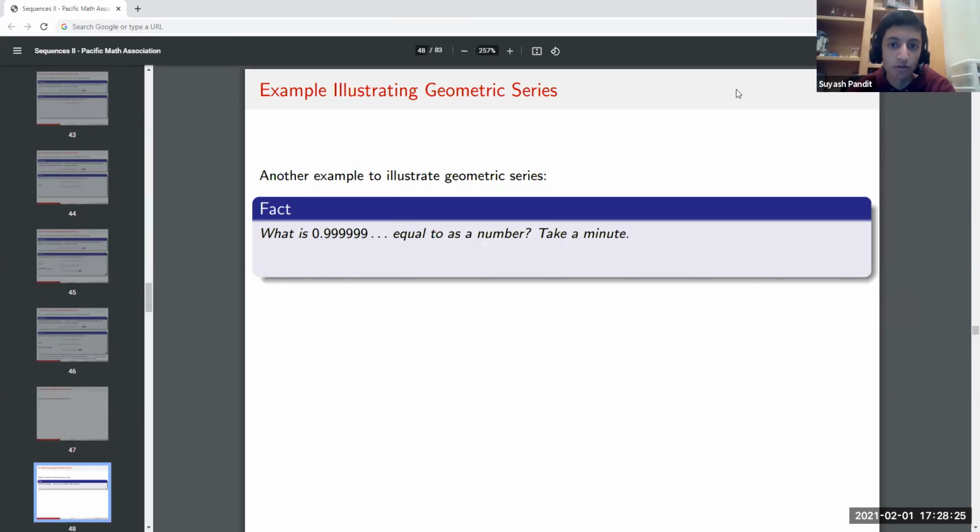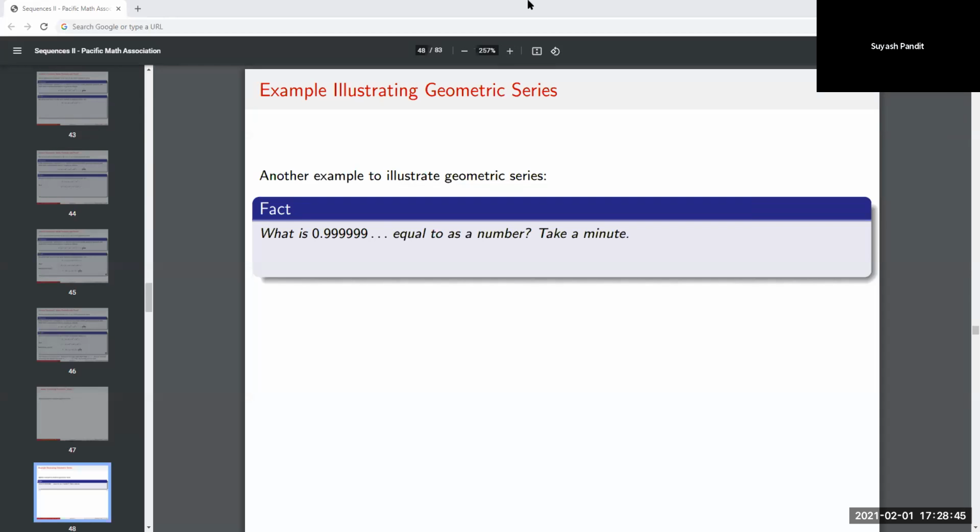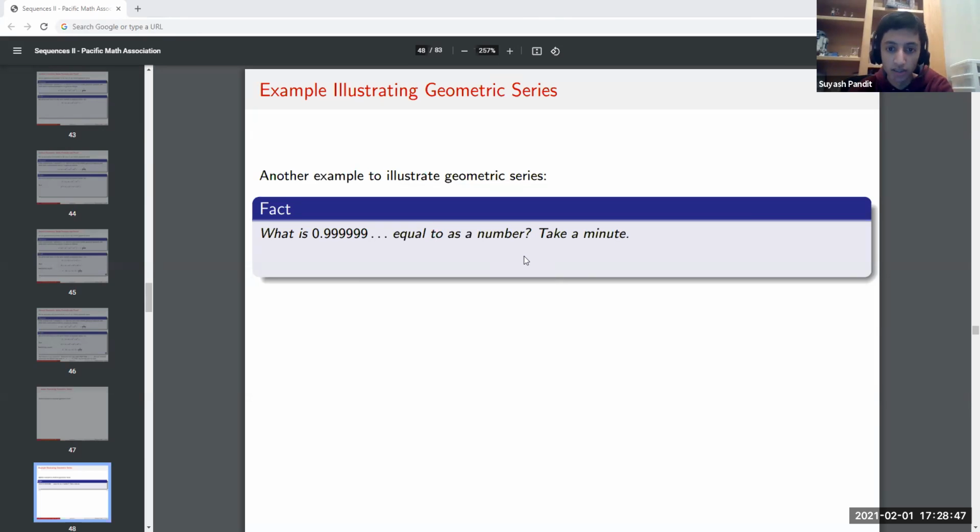I'm sure this is something many of you have heard of before, but I'm not going to stop for too long on this: this is equal to 1, right?